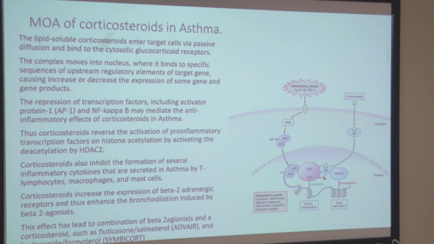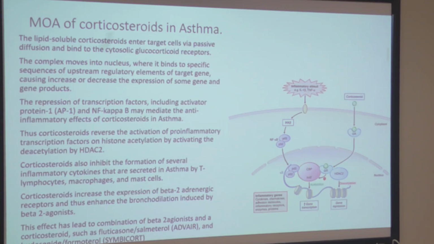So they bind to their receptor in the cytosol, and the complex moves into the nucleus. The corticosteroid bound to the corticosteroid receptor will move into the nucleus, and in the nucleus they bind to regulatory elements in the DNA. Remember those starter box, you studied repressor genes, activator genes. So they bind to their site.